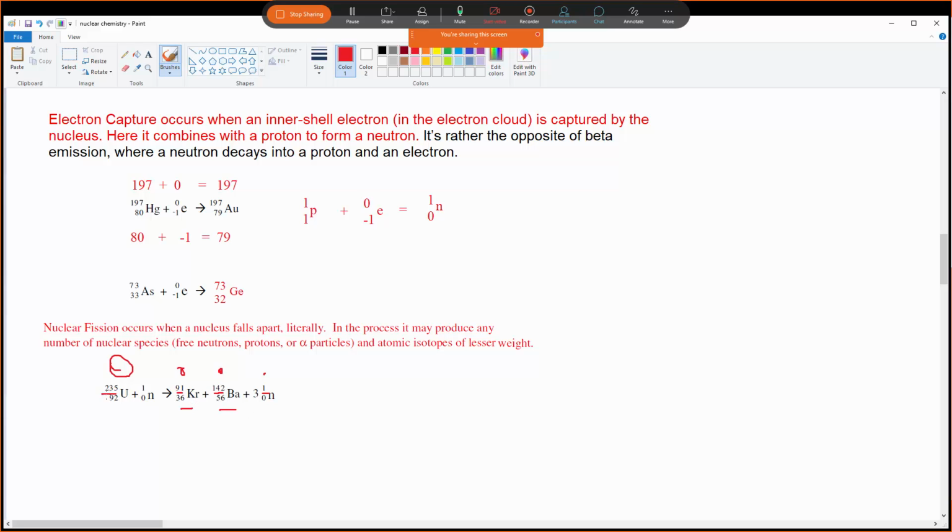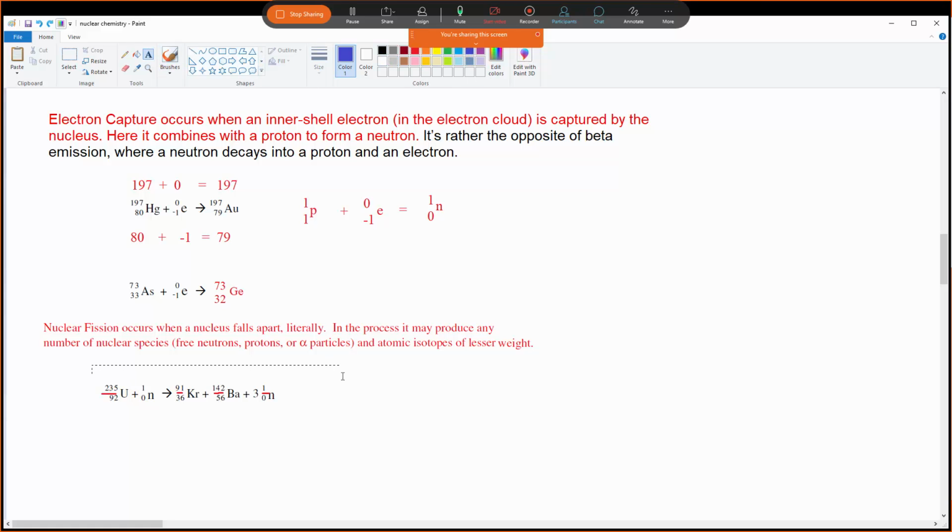And so some of them might continue to fall apart and produce alpha or beta or gamma radiation. And that's why, for instance, there ends up being nuclear waste that has to be stored from these. But hopefully you can see, again, we're following all the same rules, although it takes a little bit more doing to add it up.